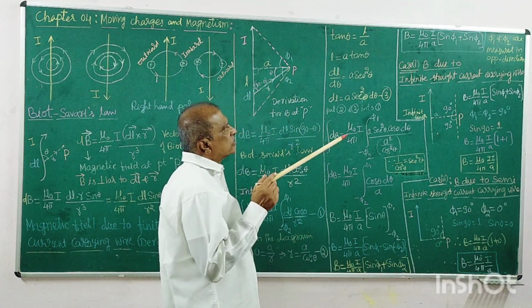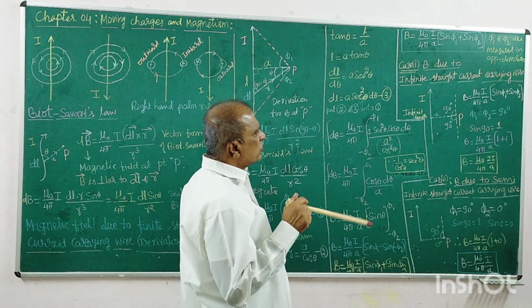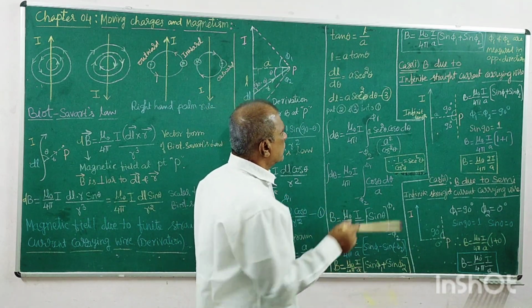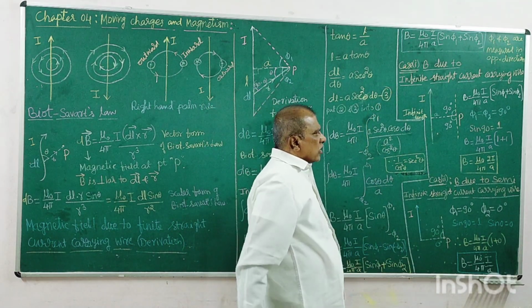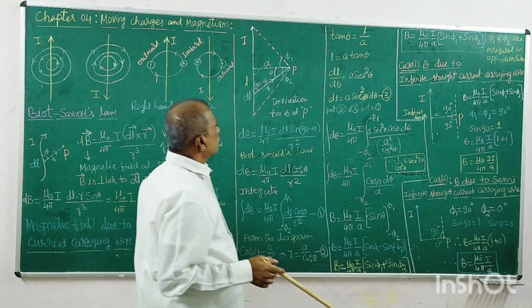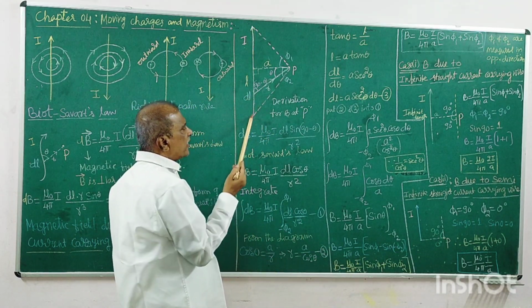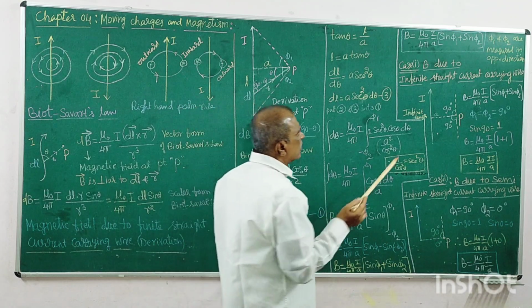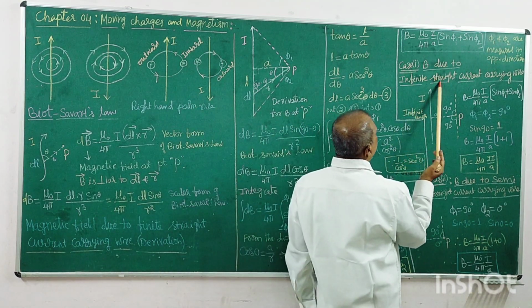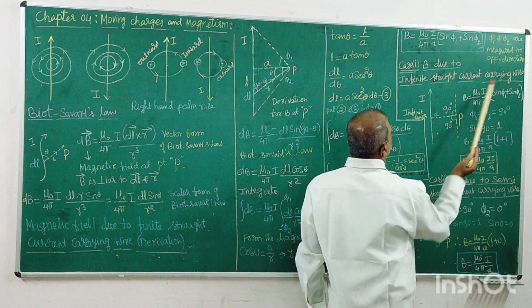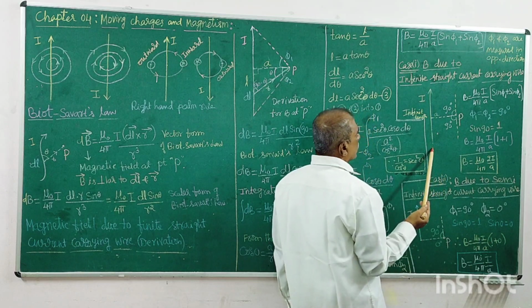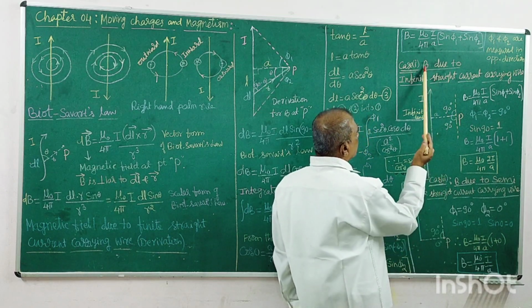So we can extend this equation to some special cases. Case 1: if you take the conductor of infinite length, that is an infinite straight current carrying wire, what is the B at this point?